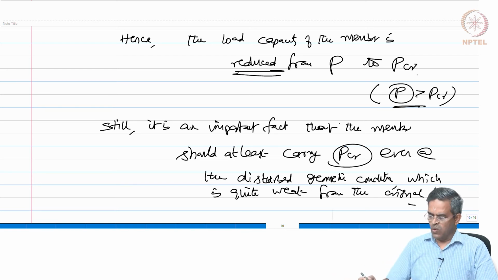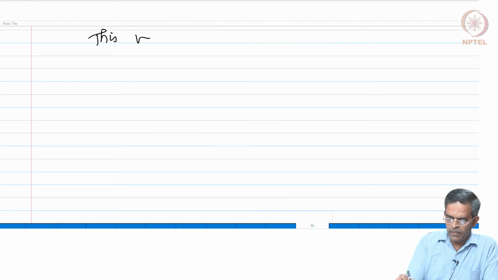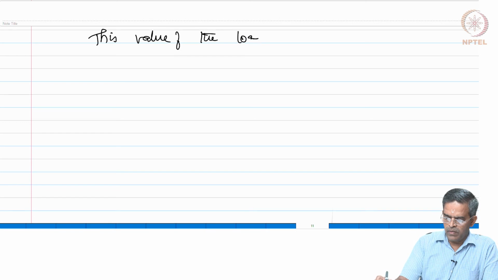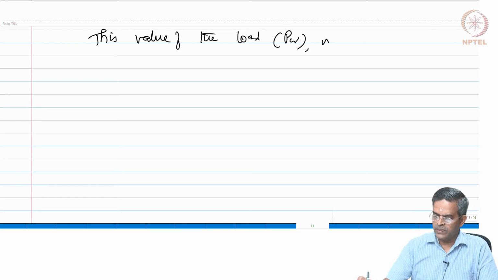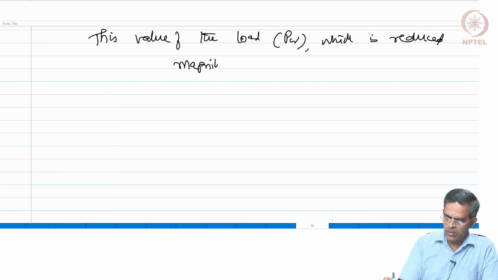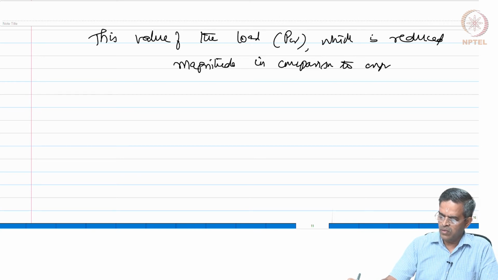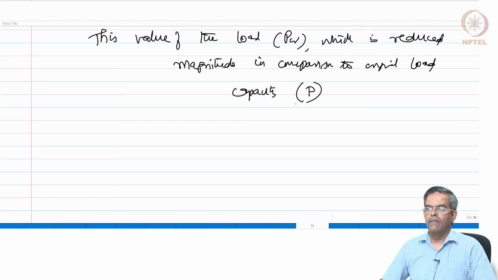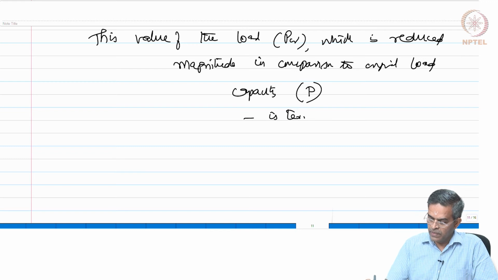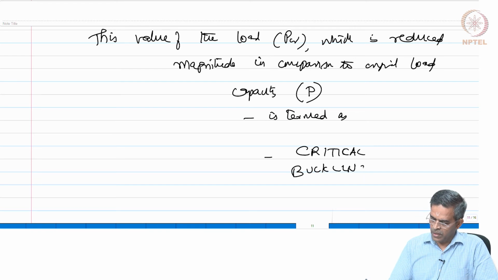Okay? So, this value of the load PCR, which is a reduced magnitude in comparison to the original capacity of load, is termed as critical load or buckling load.